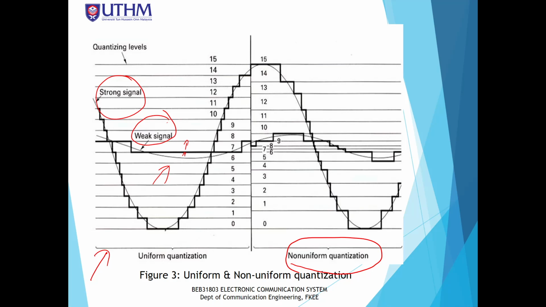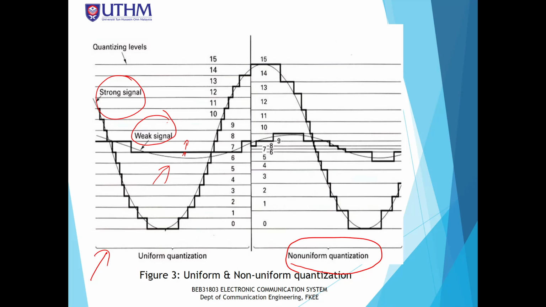quantization. So non-uniform quantization means that we need to do the quantizations adaptively, bergantung kepada input signal yang masuk. Okay, if the input signal is a strong signal, that means we can increase the step size. Okay, the step size is gonna be bigger. And if the input signal is a weak signal, that means we need to adjust the step size to be smaller.